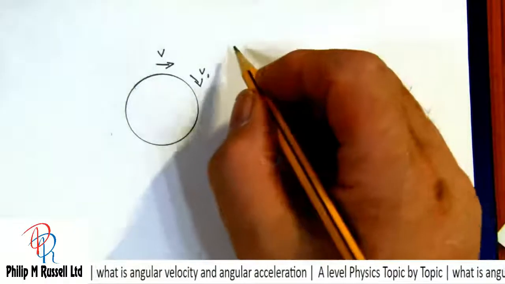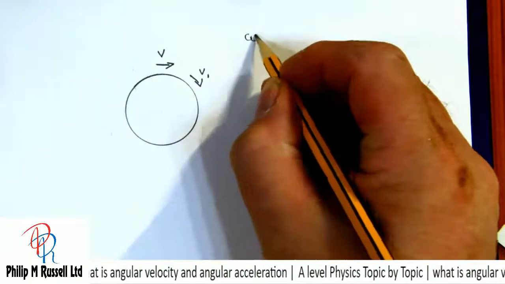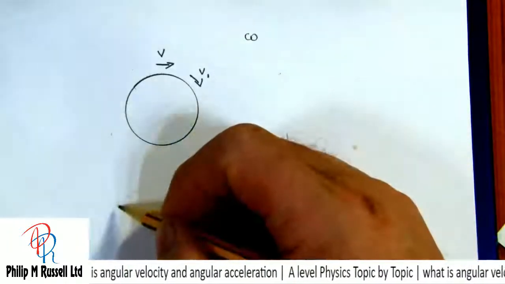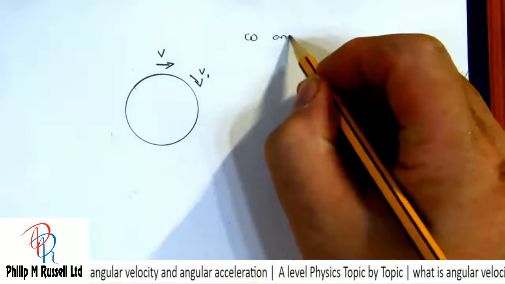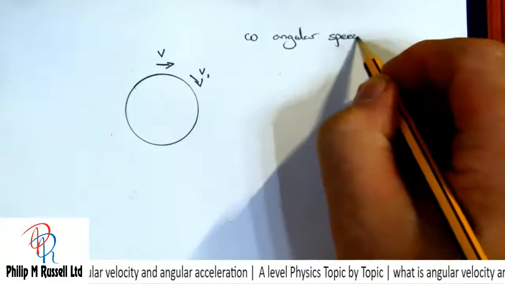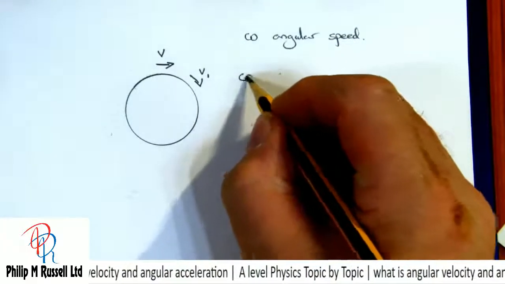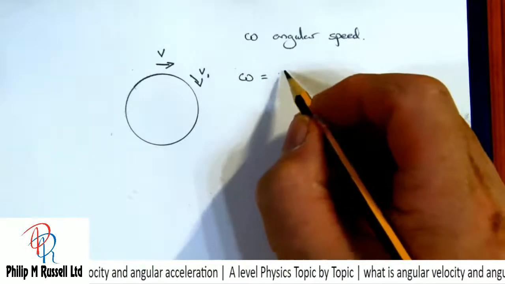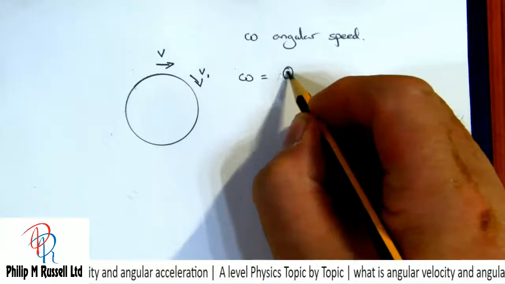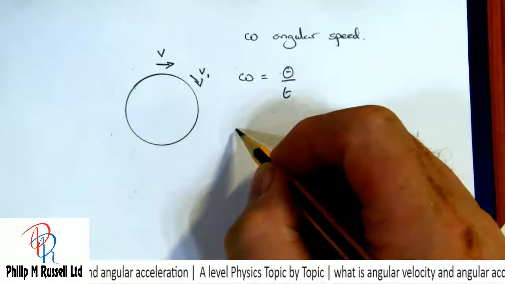So we measure things like angular speed, and that is simply the angle we turn through in the time taken.